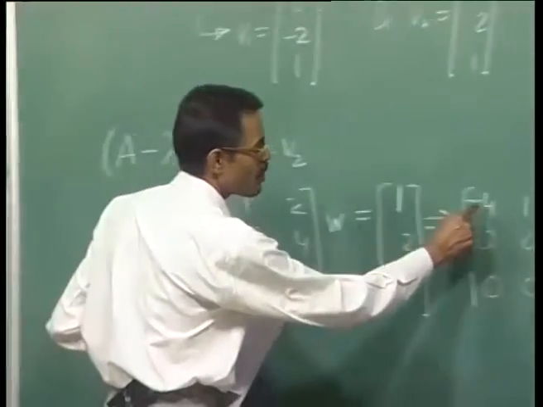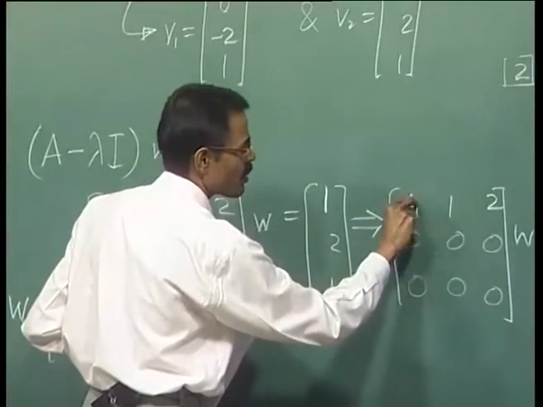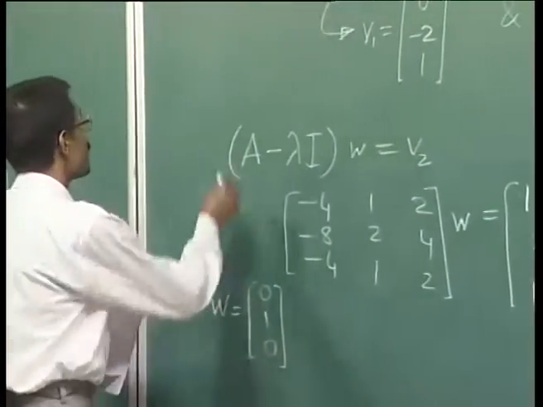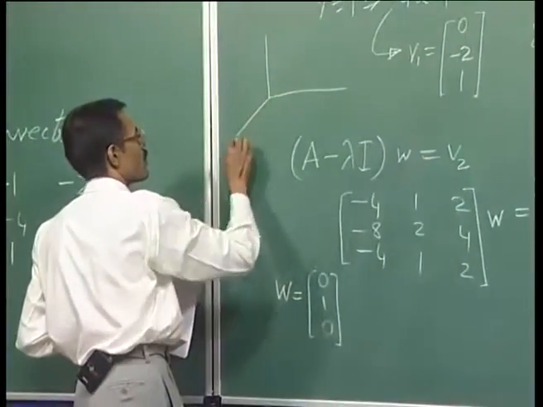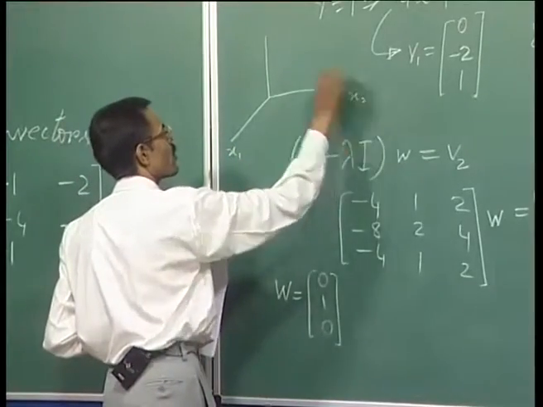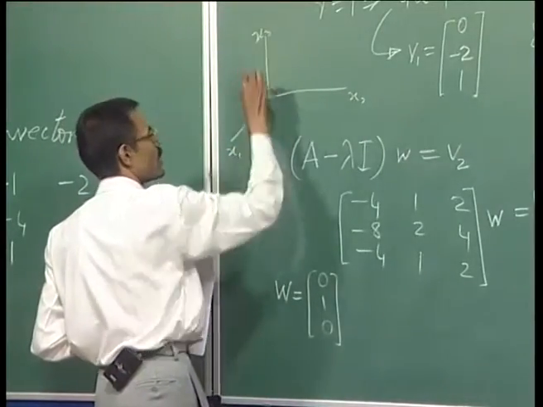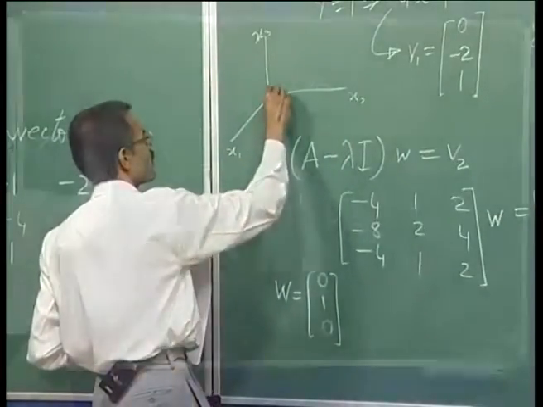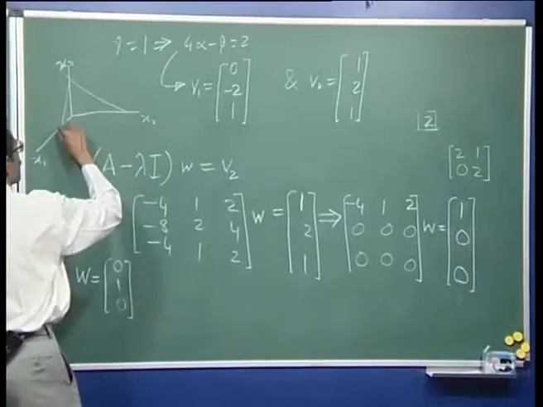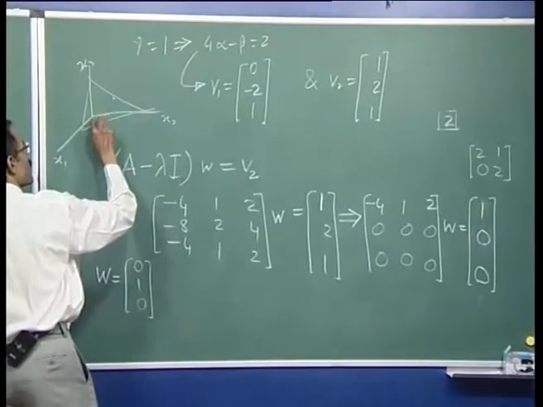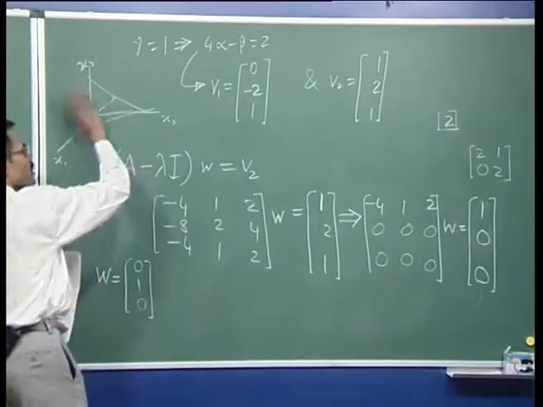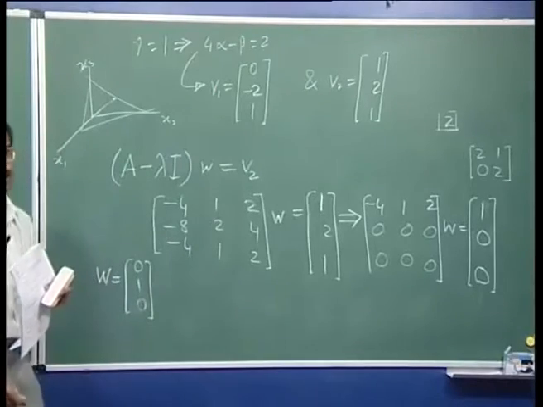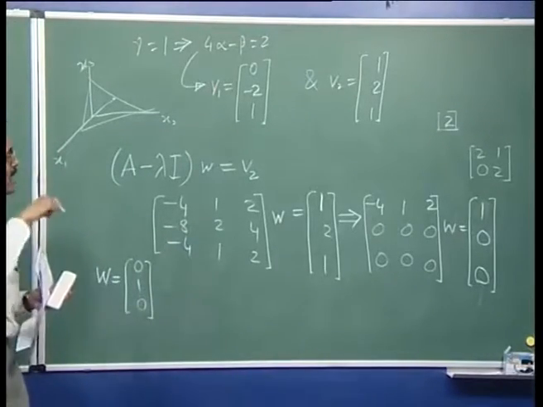So, you see 0 1 0 will give you 0 plus 1 plus 0 which is satisfied. So, in the 3D space, this one single equation is actually acting like a plane. So, any vector from the origin to this plane defined by this first row is actually a valid generalized eigenvector in this case.